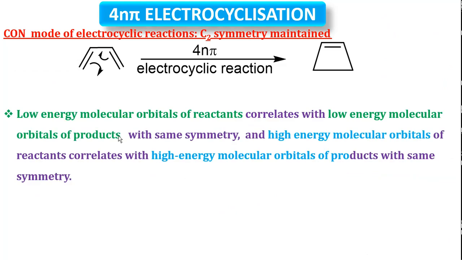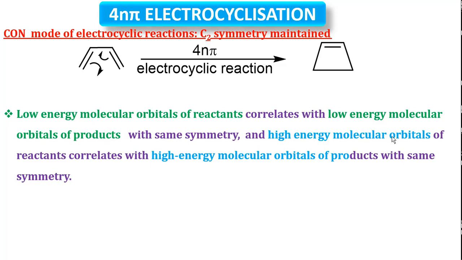Low energy molecular orbitals of reactants correlate with low energy molecular orbitals of products with the same symmetry, and high energy molecular orbitals of reactants correlate with high energy molecular orbitals of products.